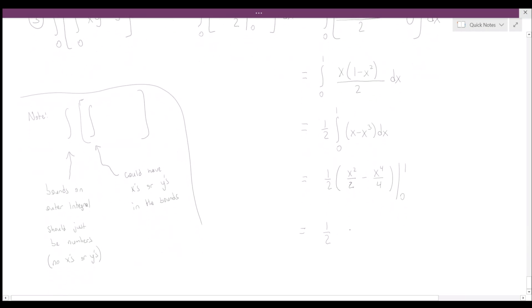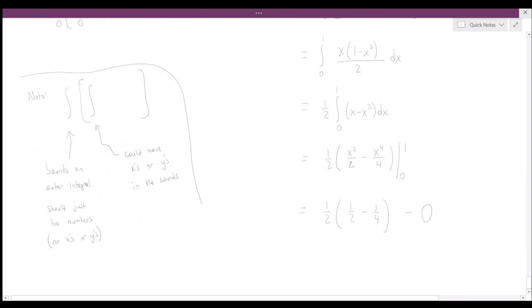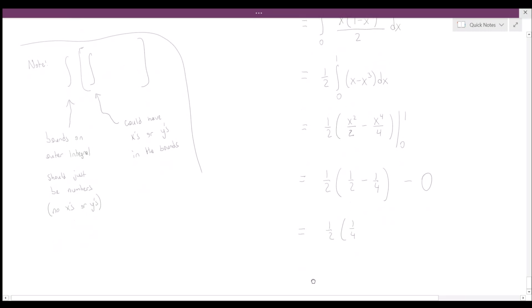When you plug in 1, it'll be 1/2 minus 1/4, and you'll get 0 when you plug in 0, okay? 1/2 minus 1/4 is 1/4. So 1/2 times 1/4 will give us 1/8 at the end. Okay? All right, any questions about that one?